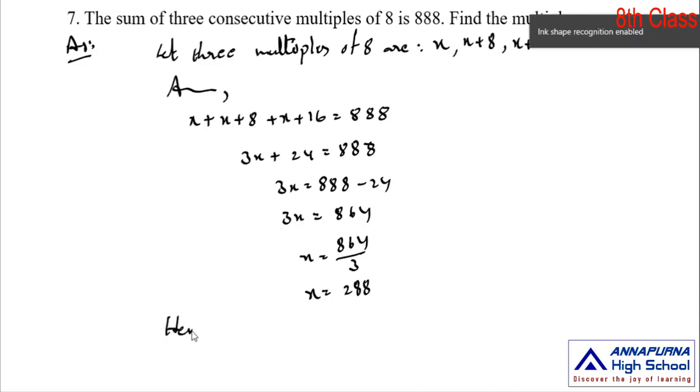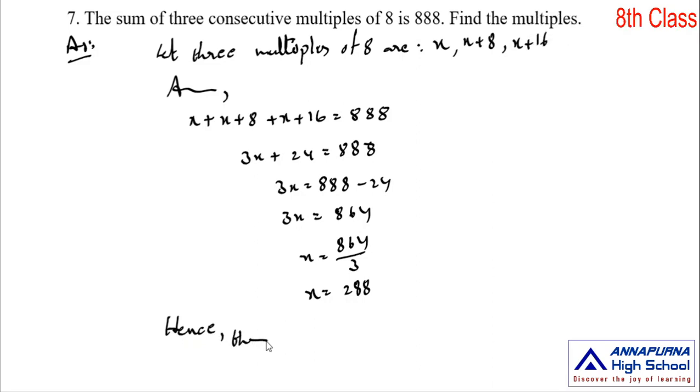Hence the 3 multiples are: the first multiple is 288, the second multiple is 288 plus 8, 296, and the third multiple is 296 plus 8, 304.